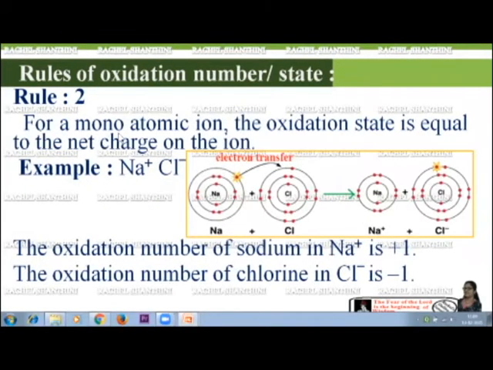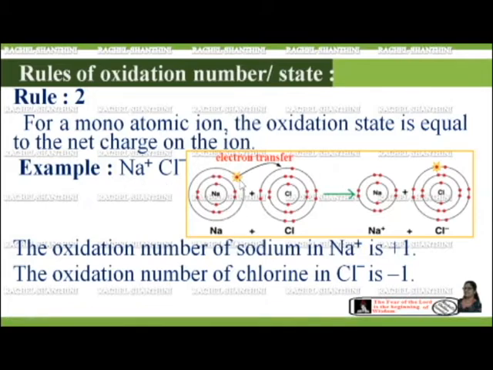Rule number 2, for a monoatomic ion, mono means single, atomic ion means charged particle. The oxidation state is equal to the net charge on the ion. I have taken sodium chloride. Sodium has 1 electron in its outermost orbit, so it has the tendency to transfer 1 electron, and chlorine has 7 electrons in its outermost orbit, so it has the tendency to accept 1 electron.